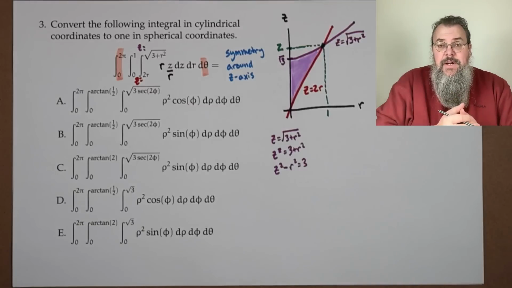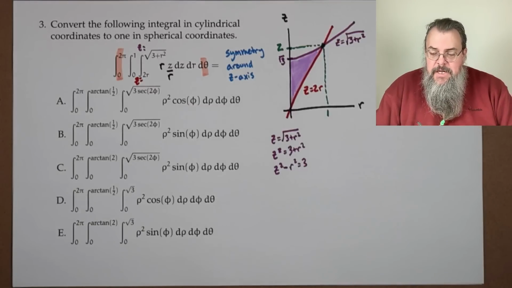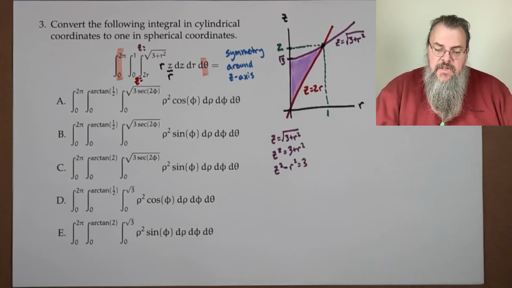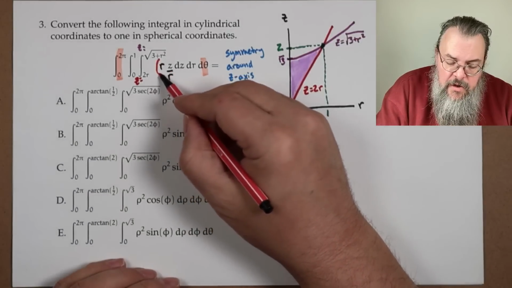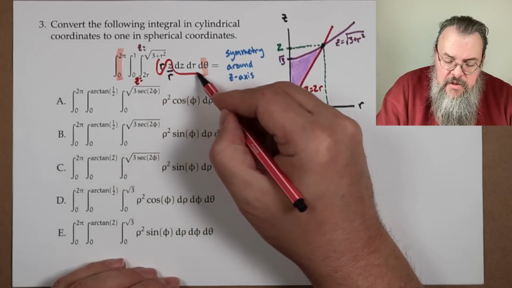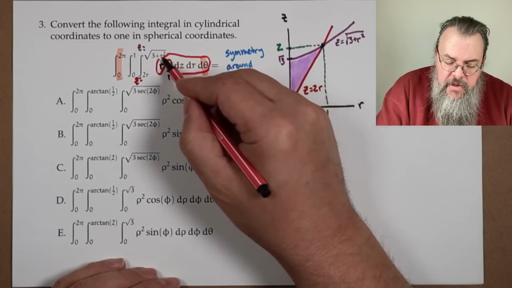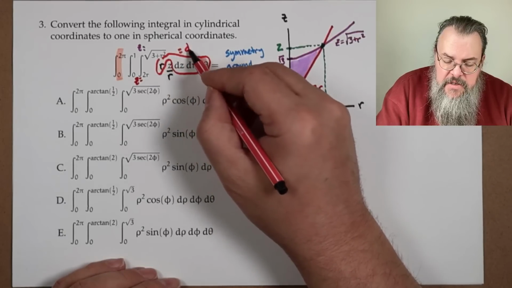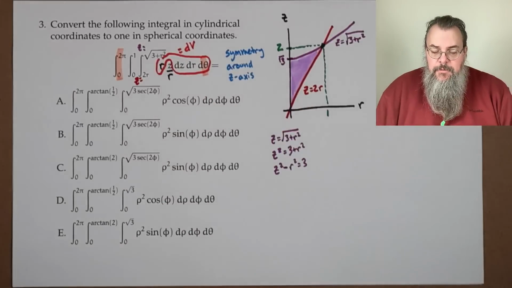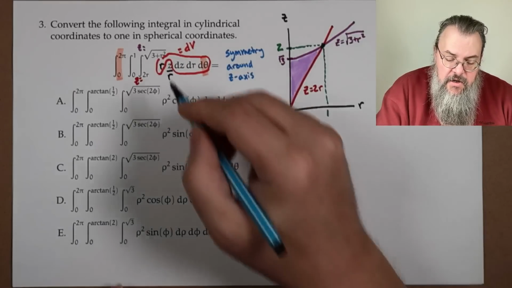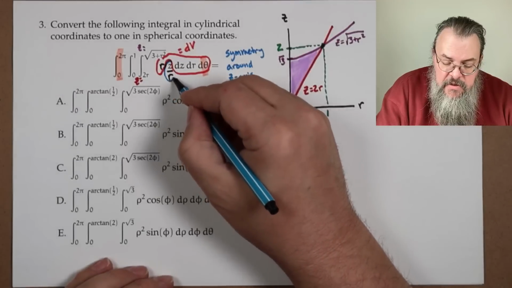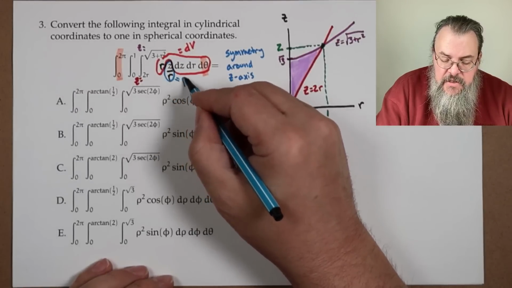So we'll divide by R. And now we're going to have two parts. One part, this R dz dr d theta, is going to be our dV term, which leaves this other part, namely this z over r. This part is going to be our function.